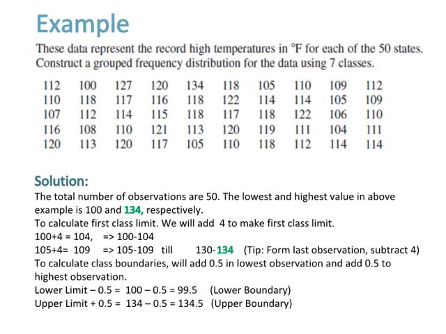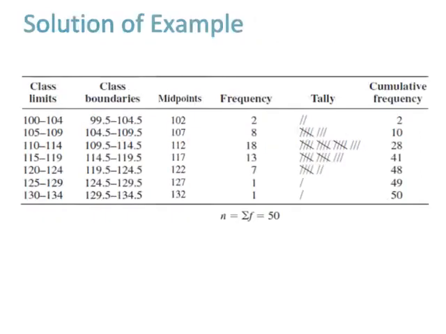The last value will always be equal to the total of all observations, since all frequencies will already have been added to the previous total. Here is the solution of the example. In this way you will calculate class limits, class boundaries, midpoint, frequency, tally and cumulative frequency.